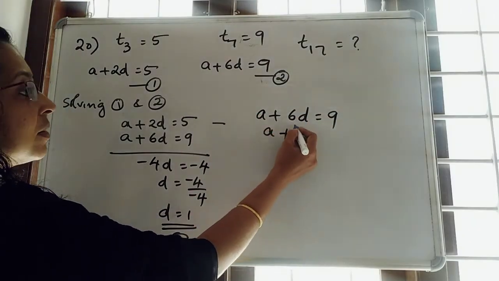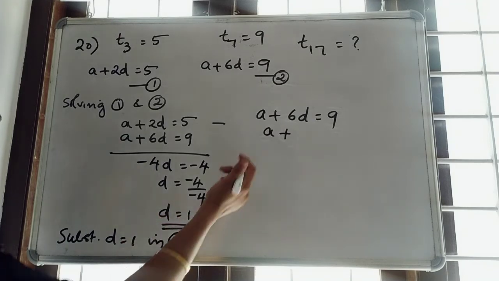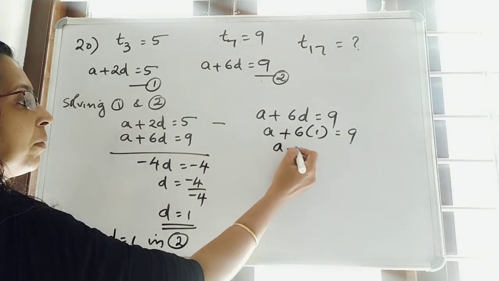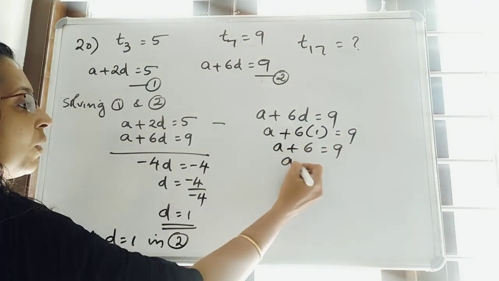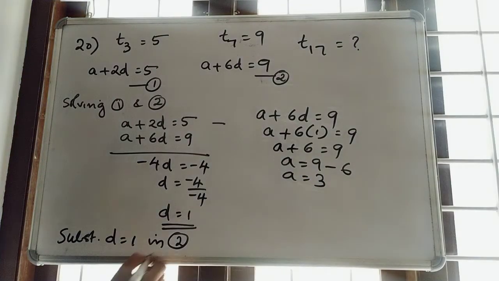Since D is 1, that's why I put in equation number 2. Whether it is a bigger number or lesser number, we can put D is 1. So A plus 6 into 1 is equal to 9. So A plus 6 is equal to 9. So A is equal to 9 minus 6, which is 3.